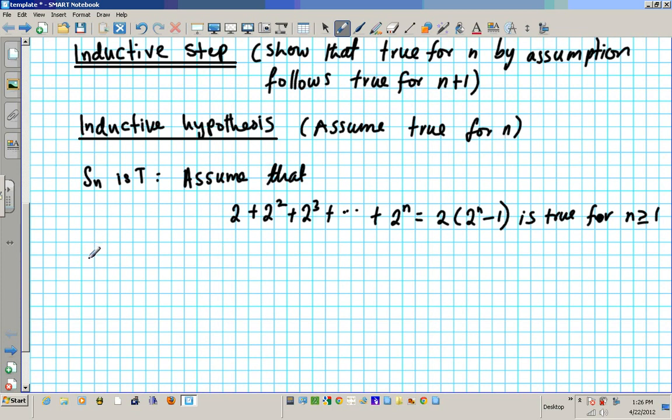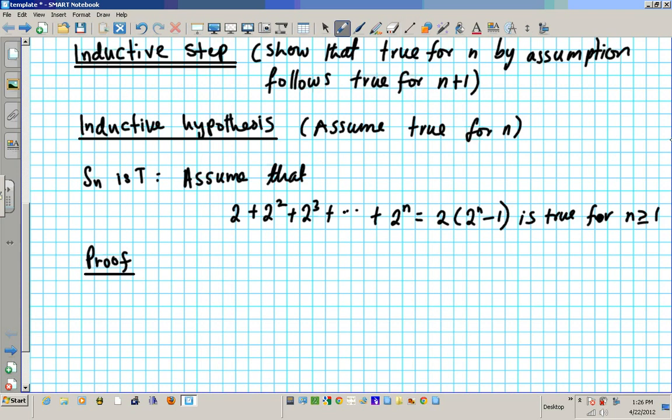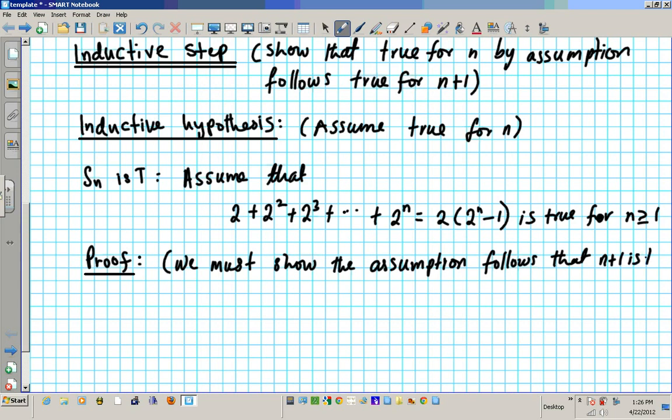Now the proof, which is the challenging part. For the proof, we need to show that if this assumption holds and the next step is true, then we're done, because that means the pattern continues like a domino effect. It continues forever. So for the proof, we must show that the assumption implies that n plus 1, which is the next step, is true.